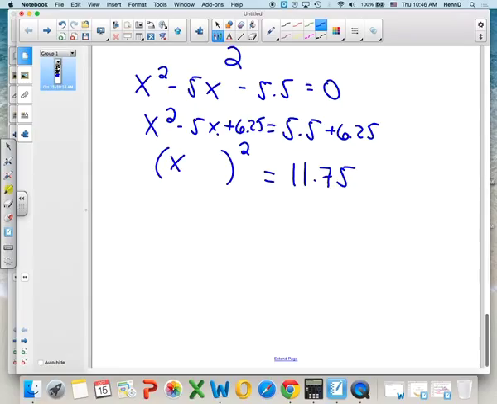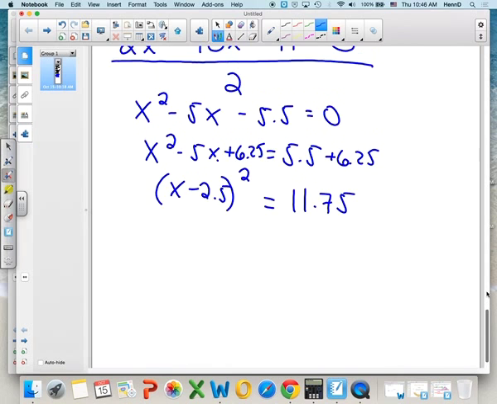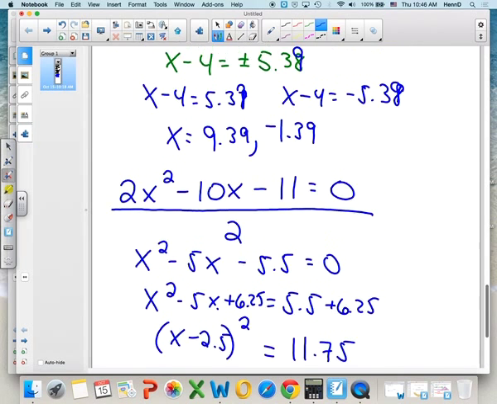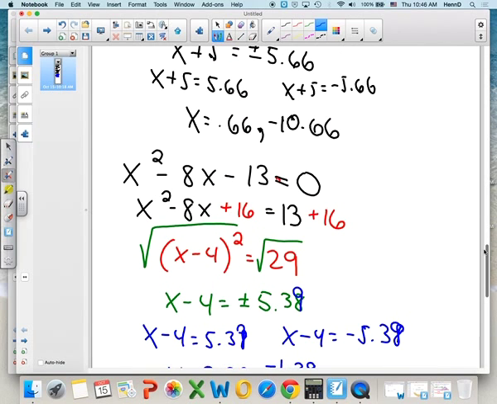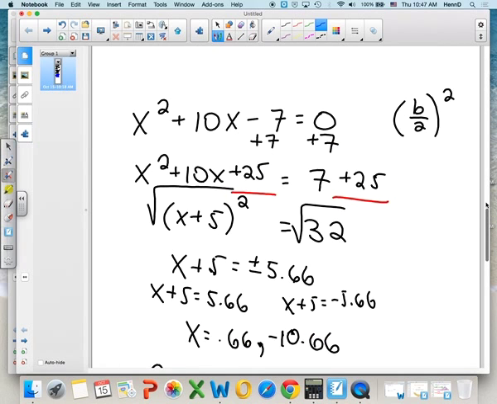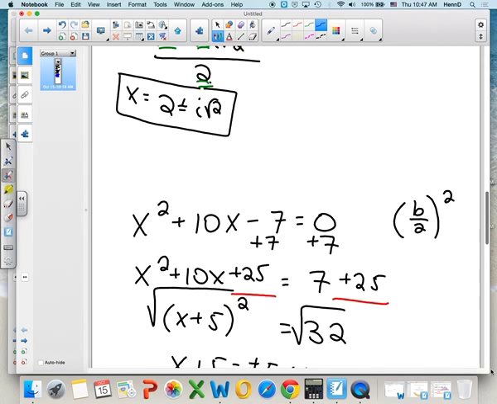So what's always going to work, even if they're harder numbers, is if you just take this middle number here and chop it in half, that's always going to be the number that goes in here. If I was able to look back, if you notice here, if we chop negative 8 in half, it was negative 4. And if you chop positive 10 in half, it's positive 5.